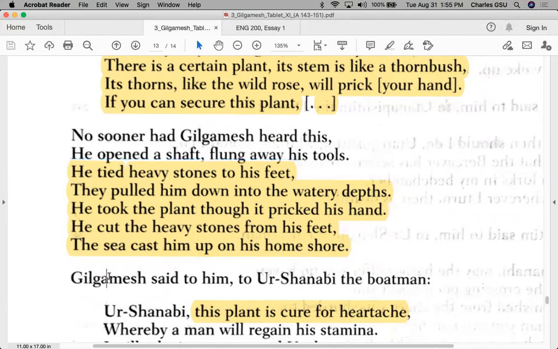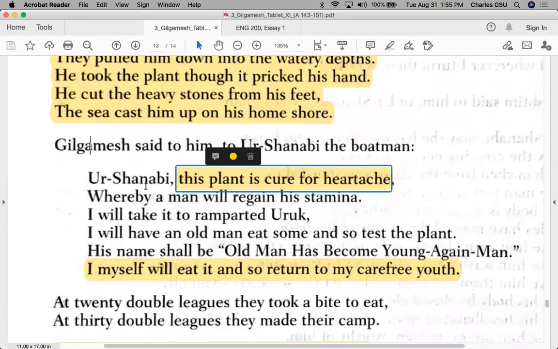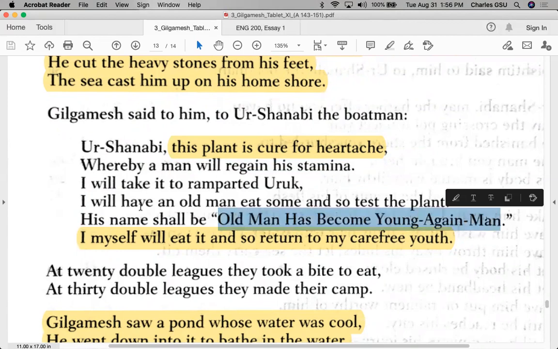So he's tired of going really deep in the water, finding this plant, bringing it up. The ferryman, Sanabi, says the plant is a cure for heartache, right? It's actually, as we learn here, a plant that theoretically could help you achieve immortality or become, as it says here, old man has become young again.